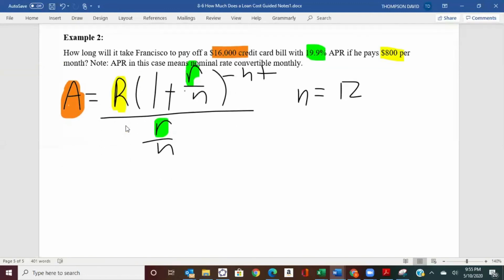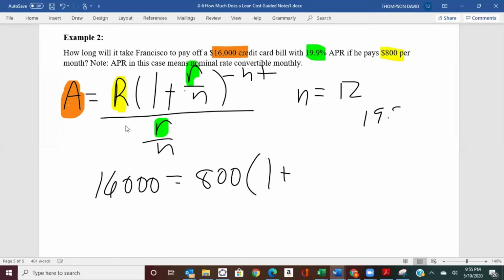So let's start plugging some things in. So we have 16,000 equals 800 times 1 plus, we have to convert that 19.9 into a decimal. That's just 0.199 divided by 12.